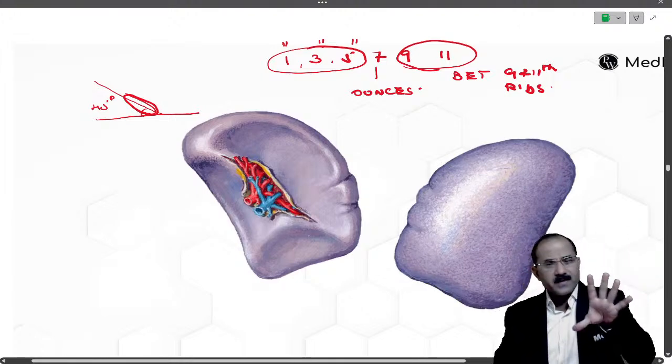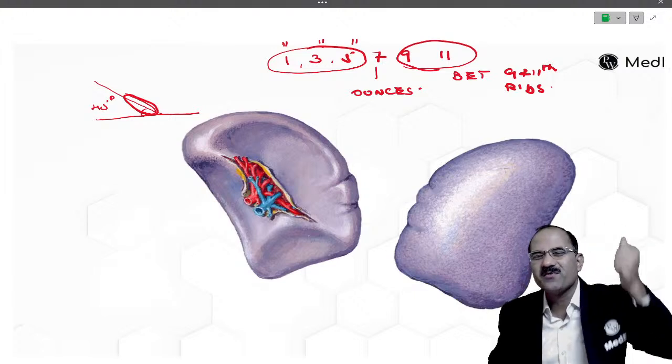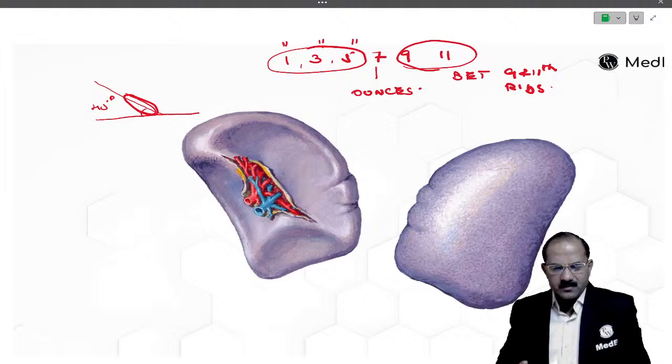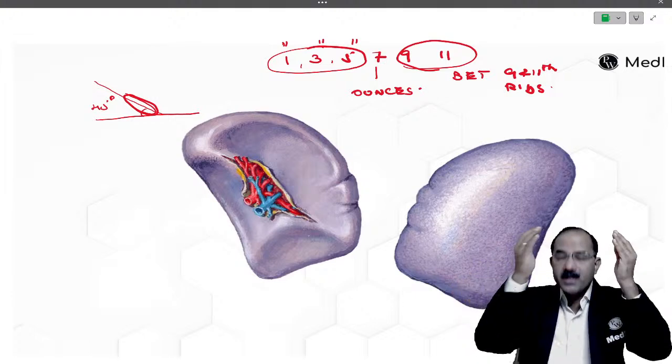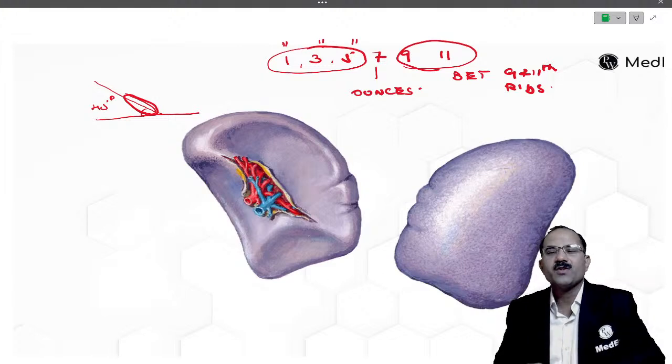Now tell me, which border of the spleen is notched? If I ask you this in viva: any border can be notched, but generally the superior border of the spleen is notched.